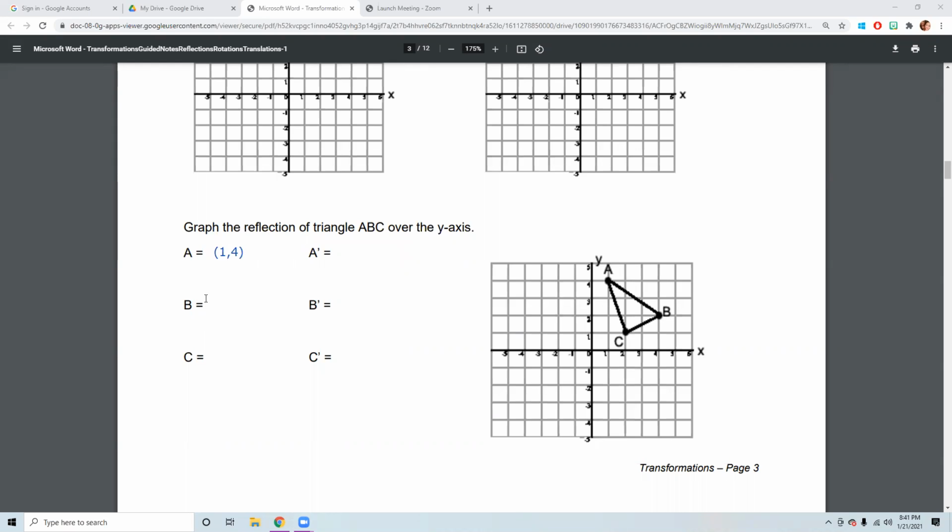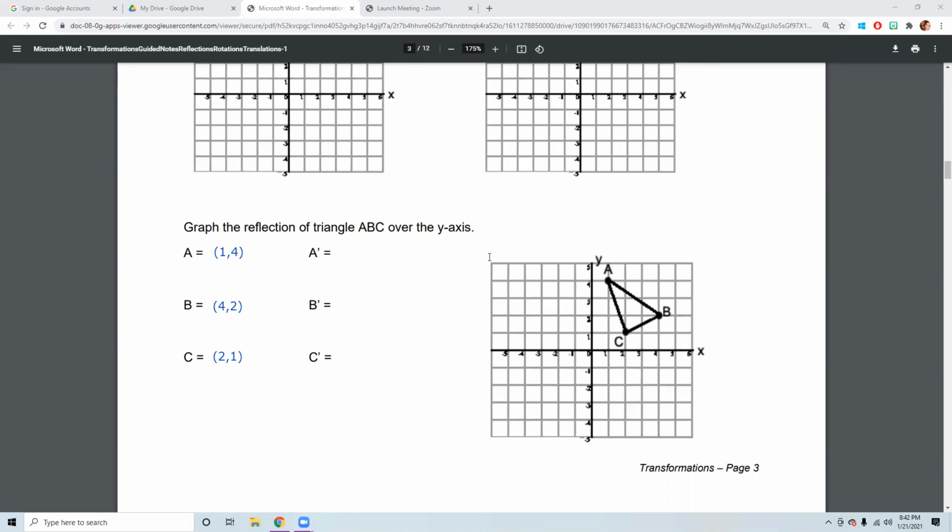Let's look at point B. Point B is +4, +2. And our point C is at +1, +1. And so those are our points.